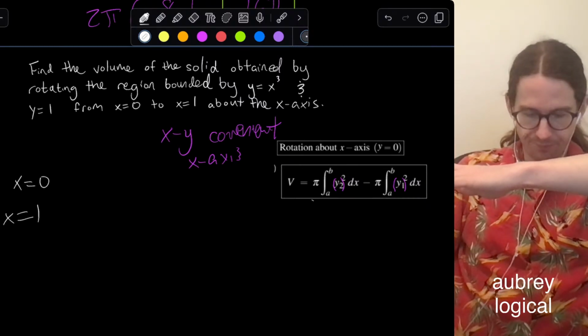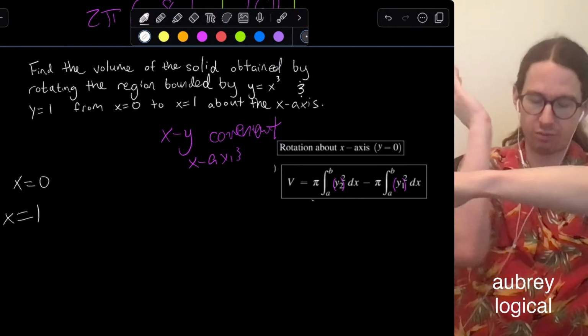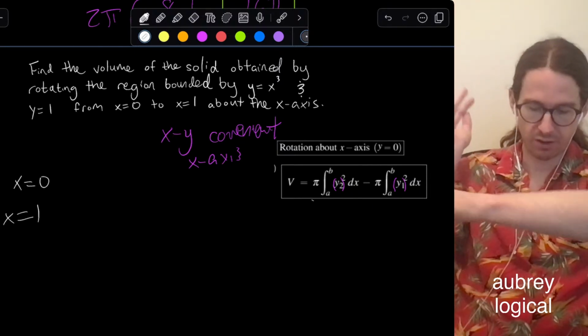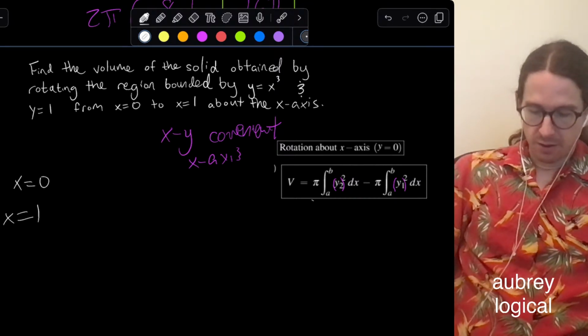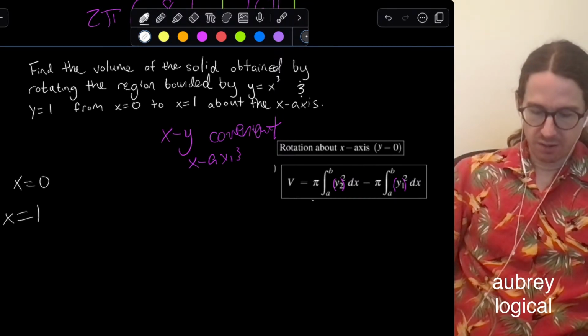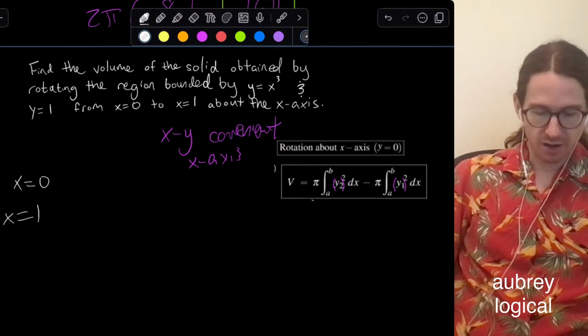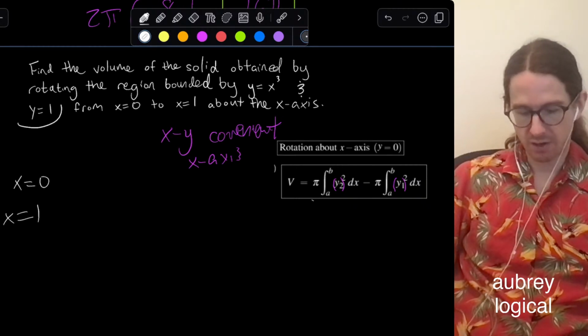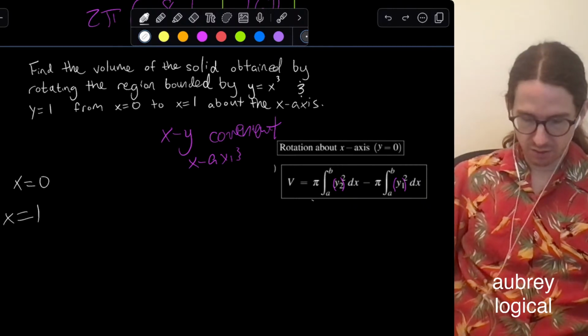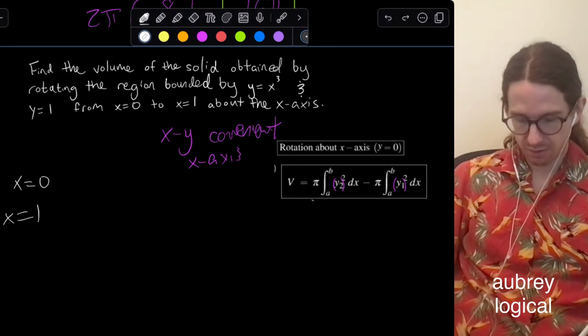And then x cubed is going to be a very large growing function after 1, but it's not going to be over 1 until it gets to 1. So I think the higher function in this case is actually going to be y equals 1. So we can set up our formula now.